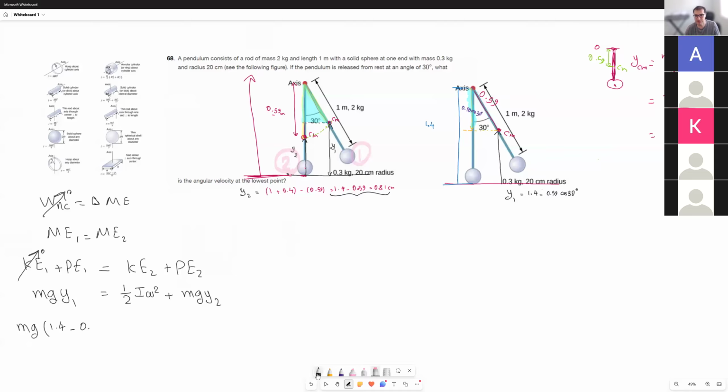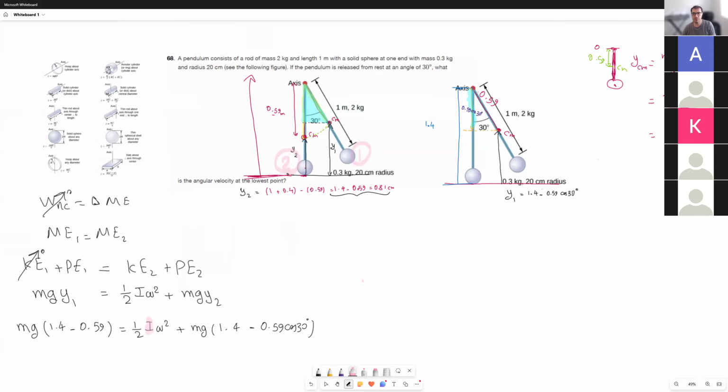Whatever you consider as the origin of the height, it doesn't matter. It is going to cancel out. So 0.81 equals half I omega squared plus mg y2, where y2 is 1.4 minus 0.59 cosine of 30 degrees. Okay, now everything is done except for I.